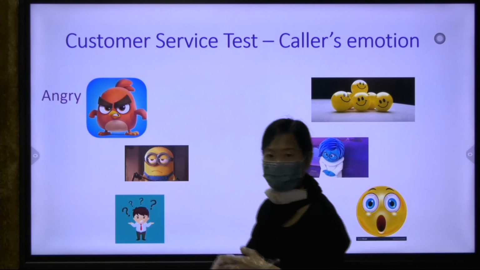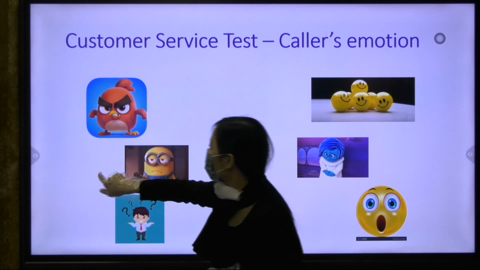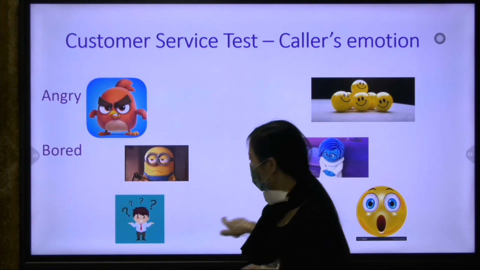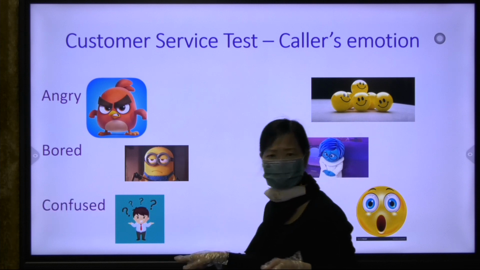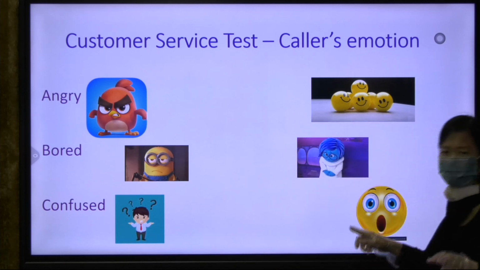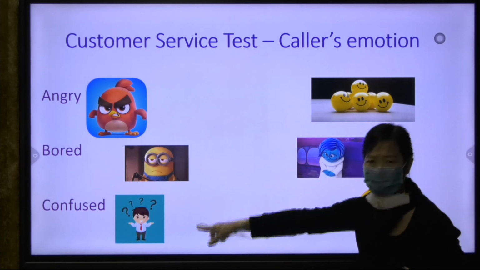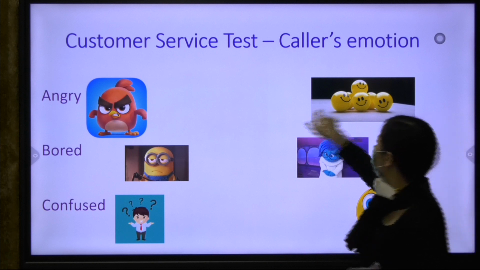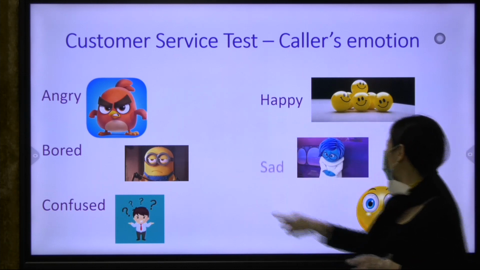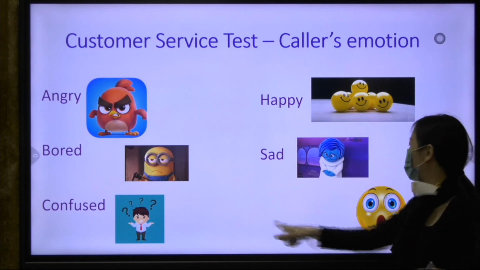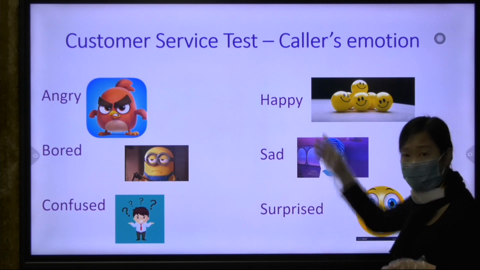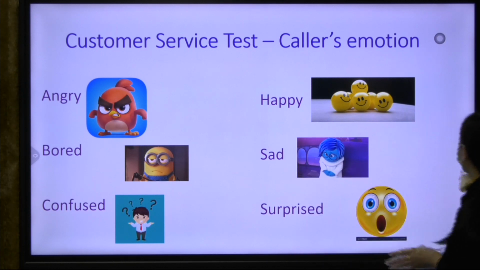And this one is bored. And this one. Oh, so many things that I don't understand and I don't know. I'm very confused. Confused, many question marks. And here, happy. And this one, sad, of course. And surprise. So what you need to pay attention to are these kinds of emotions in the exercise.